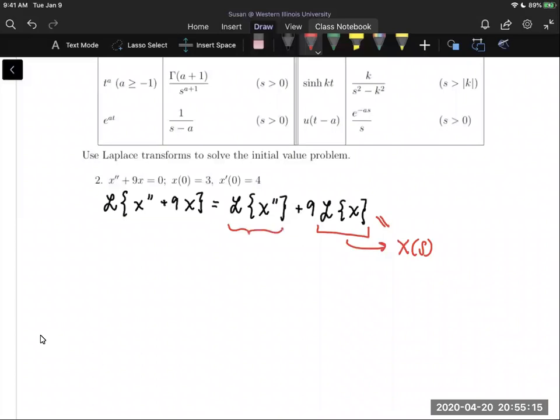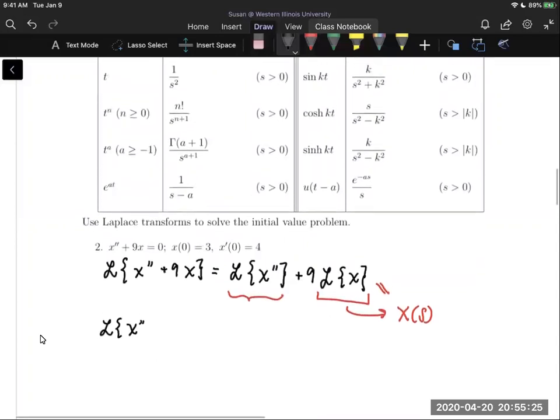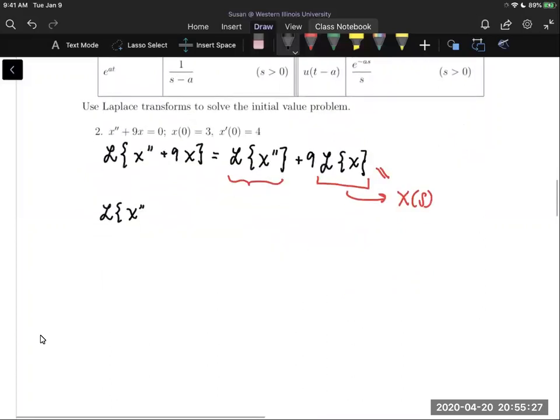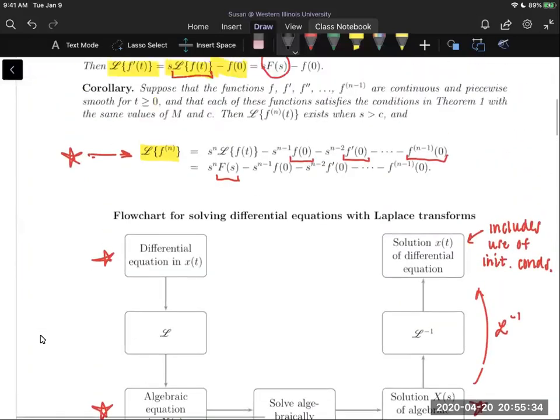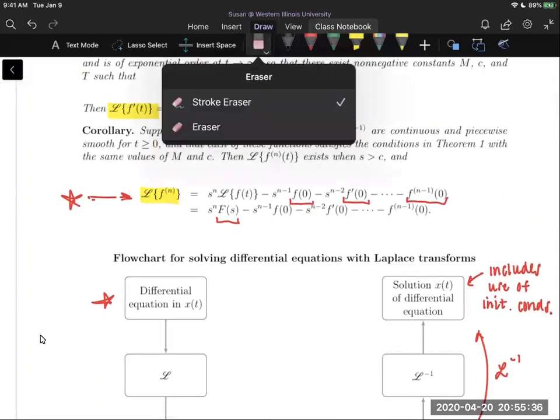And so in order to do that, we're going to refer back to the corollary. So this is just some side work here. Let's determine what the Laplace transform of x double prime of t is. So let's look back up here. And the corollary says the following.